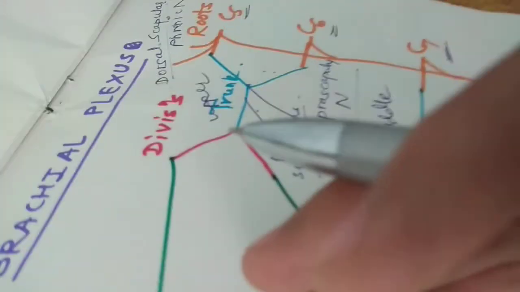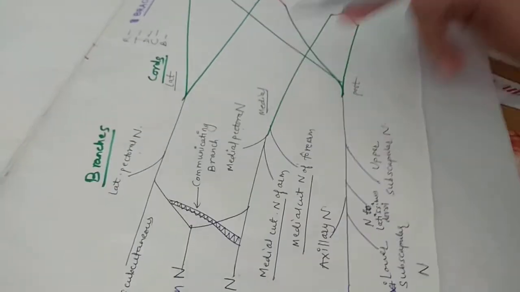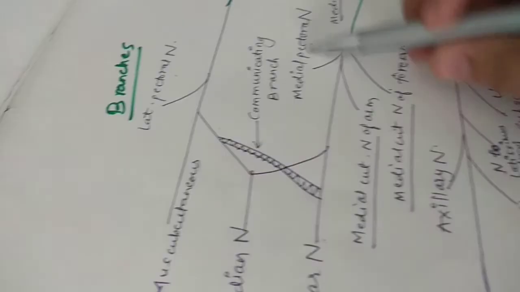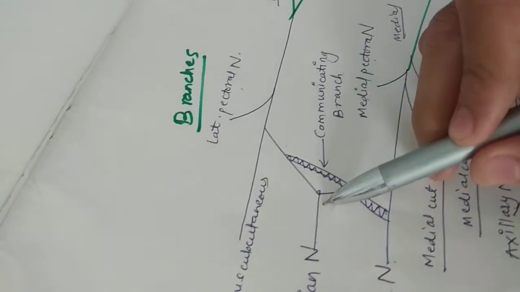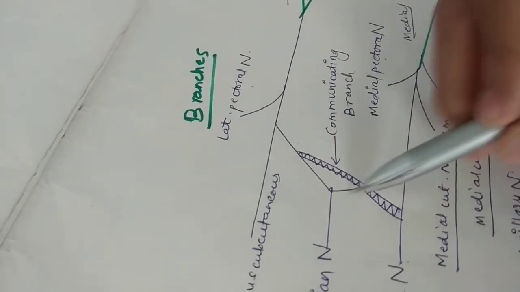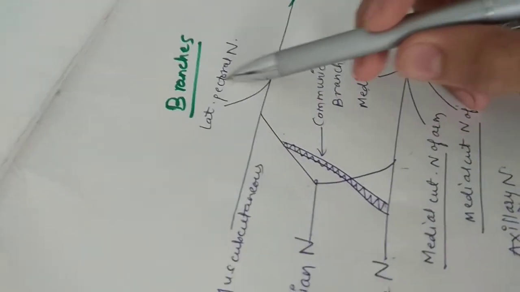Then when we come to the cords, we find the lateral cord, medial cord and posterior cord, and here we have 4 branches with 1 nerve, here we have 3 branches with 1 nerve and 1 combining nerve, and just 1 branch and 1 nerve. Simple, all about the brachial plexus, isn't it?